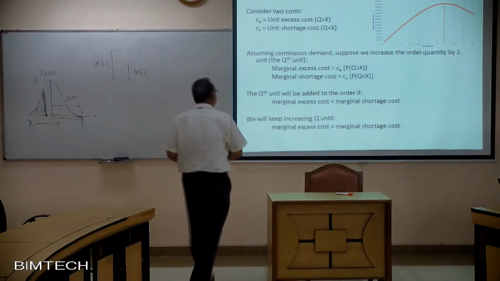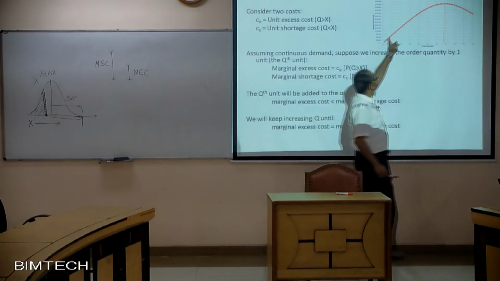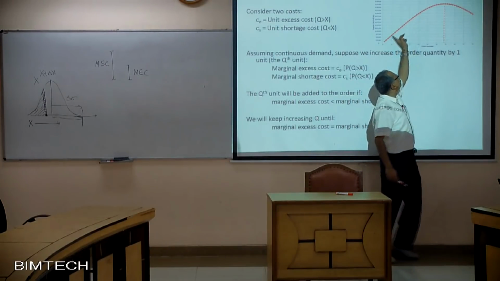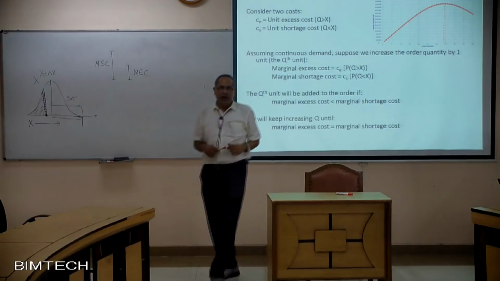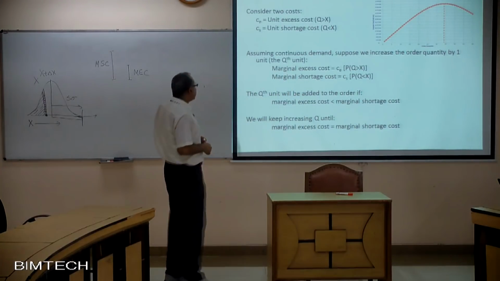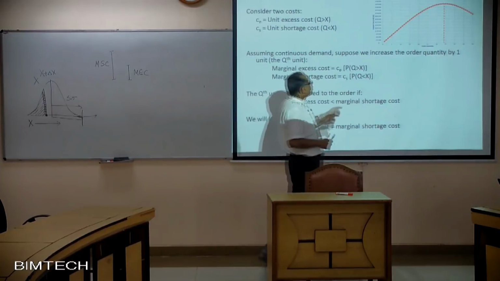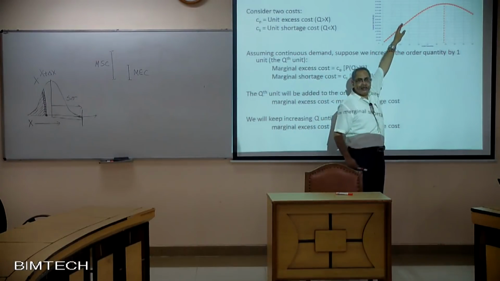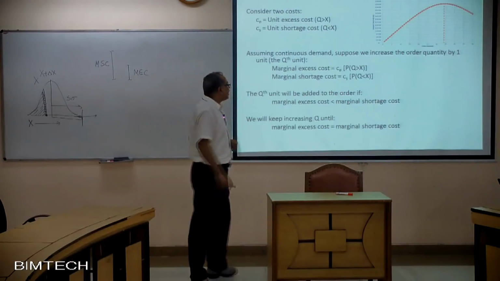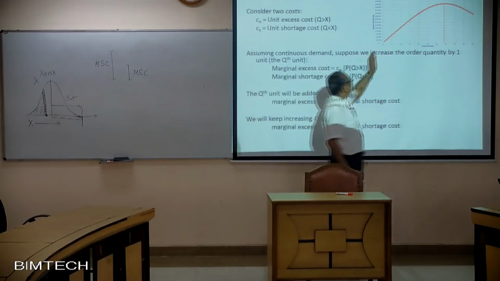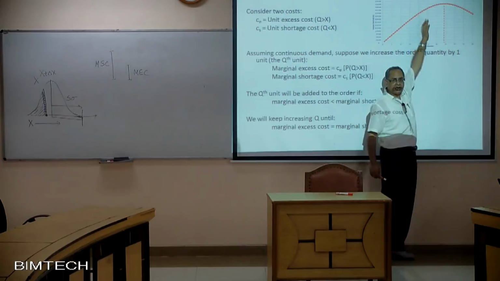And therefore, we are talking of this range. This is the range where the marginal expected shortage cost is going to be much greater than the marginal excess cost. And therefore, we will keep on increasing our order quantity.